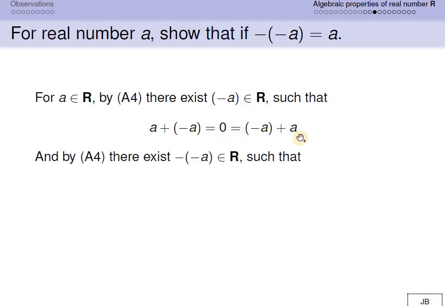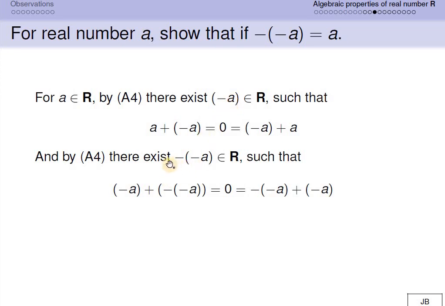Similarly, by a4 again, for minus a, there exists minus of minus a in R such that minus a plus minus of minus a is equal to 0. So here we have taken a as the first number and minus a as the negative of it.